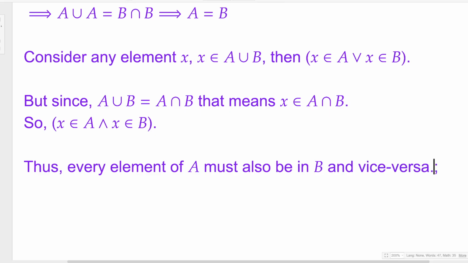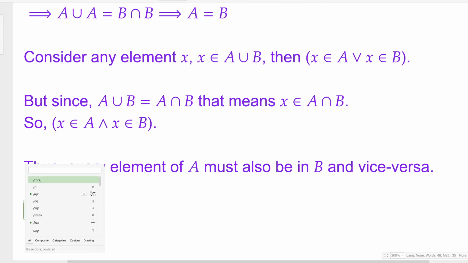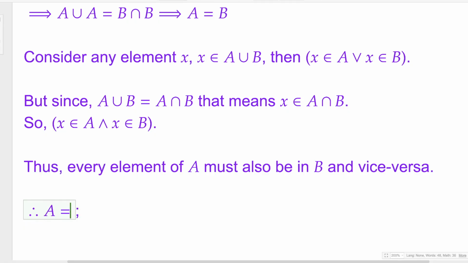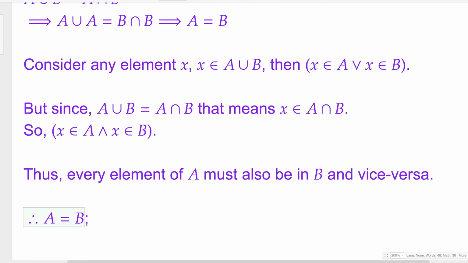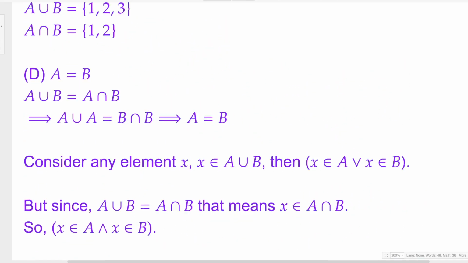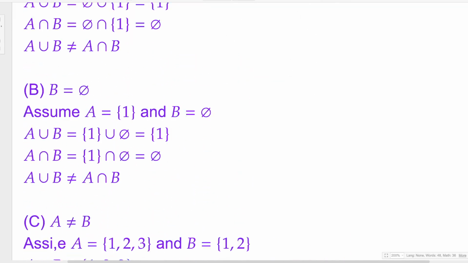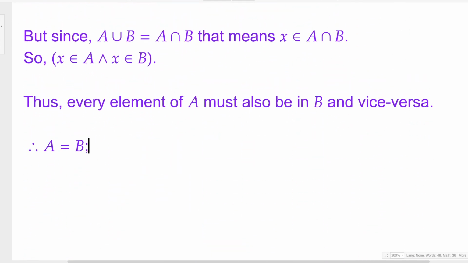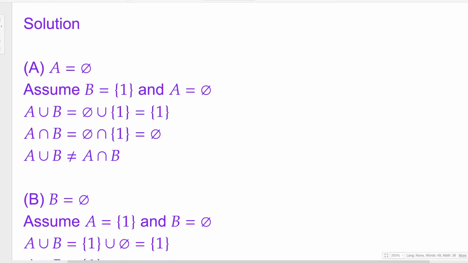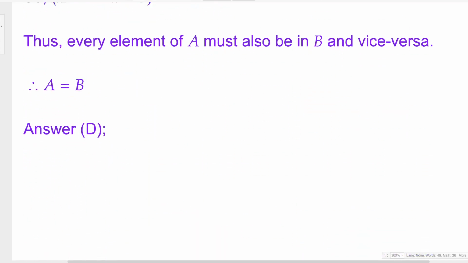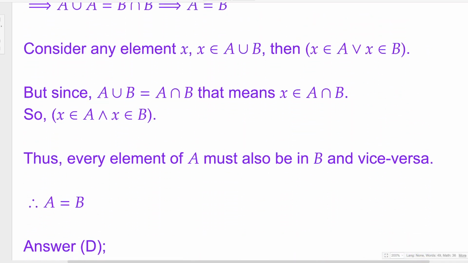From these statements we can conclude that the set A is definitely equal to set B. This gives us more concrete evidence for why A is equal to B. I hope this problem statement is clear. So for this one, the correct answer is option D. Very interesting problem. Counterexample situations might not work every time, that's why I've taken the formal mathematical proof for this one.